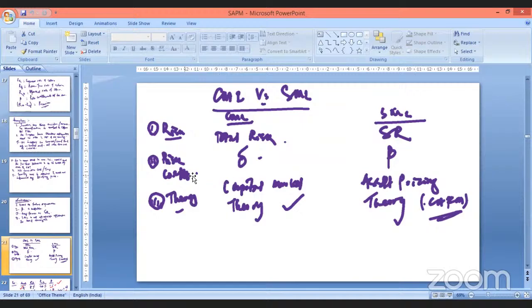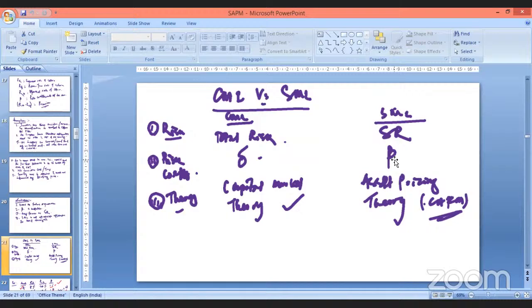If we are talking about the risk coefficient, in the capital market line the risk coefficient is determined by sigma. Sigma means what? It is the risk coefficient of your entire portfolio. But here, beta is the risk coefficient of an individual security. In your portfolio there may be varieties of securities and varied composition of securities.